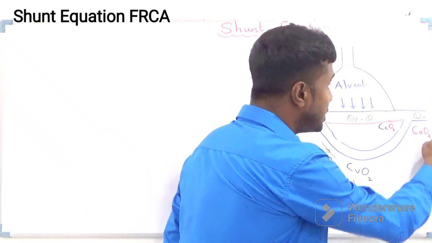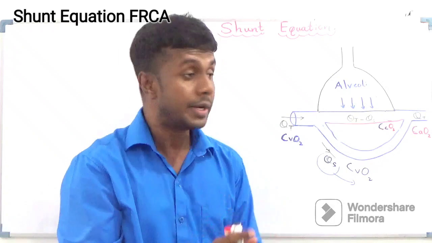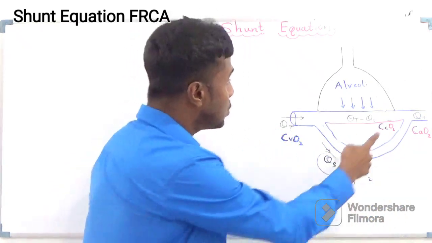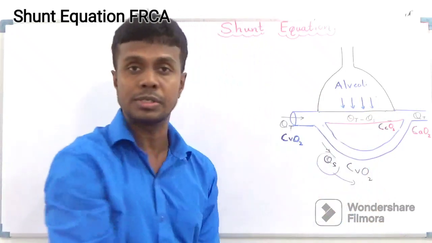The total amount of oxygen delivered into the pulmonary venous system must be equal to the amount of oxygen here plus the amount of shunted oxygen.